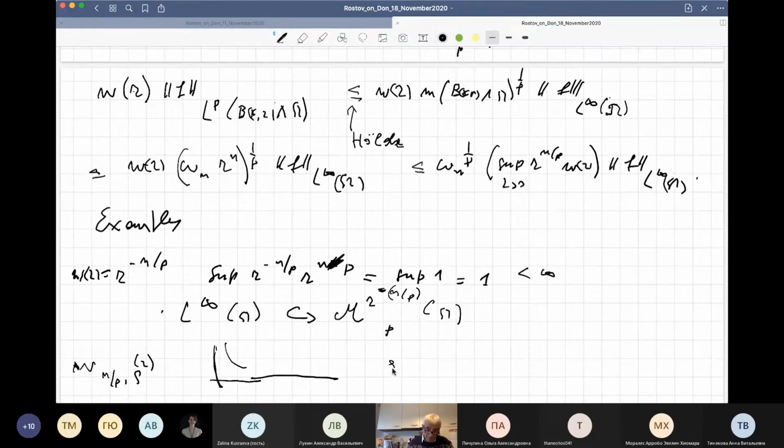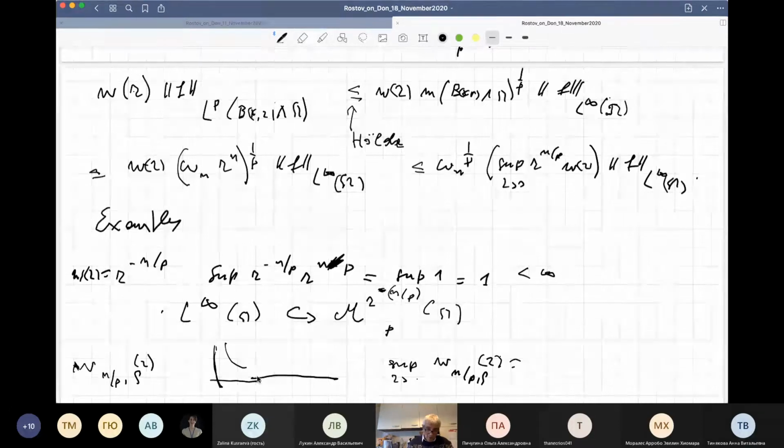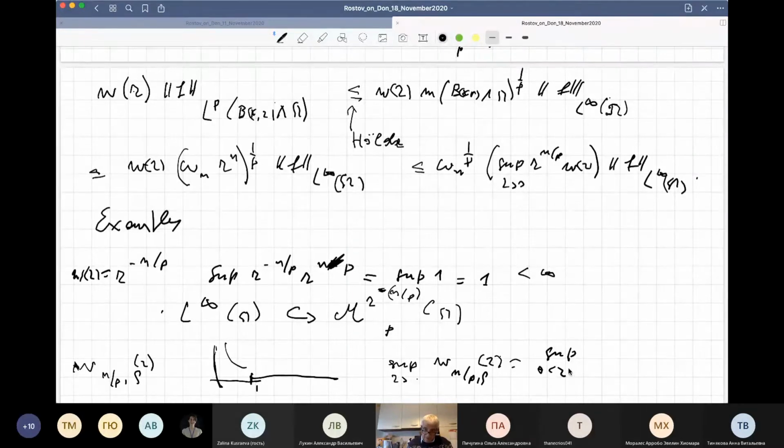So the supremum over r greater than 0 of w n over p comma rho of r equals... So when r is greater than 1, it is 0. So it is the supremum over r between 0 and 1 of r to the minus n over p times r to the n over p, equal to 1.